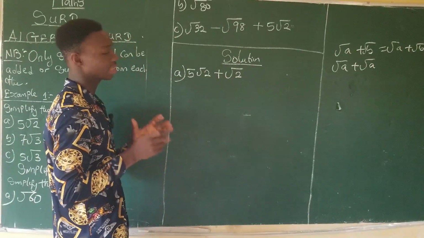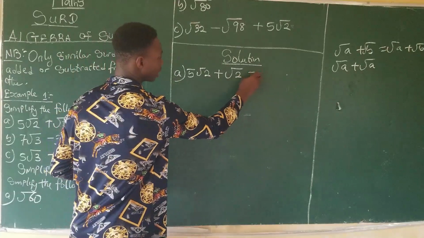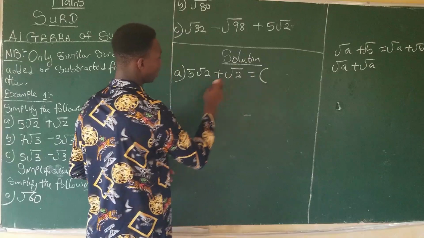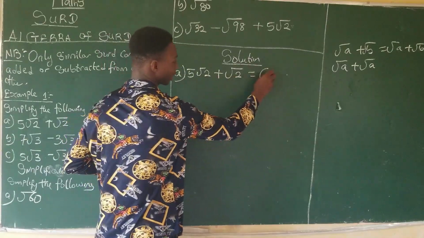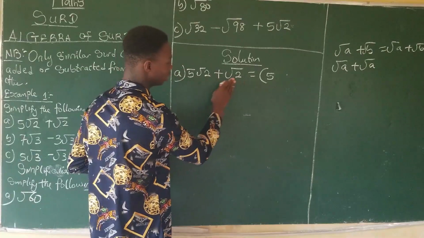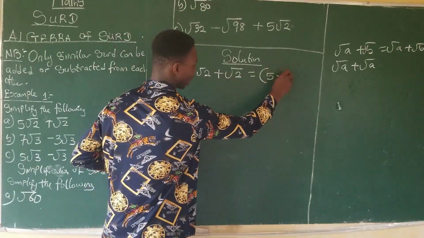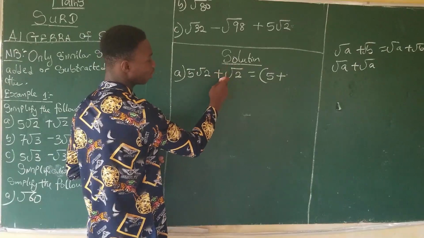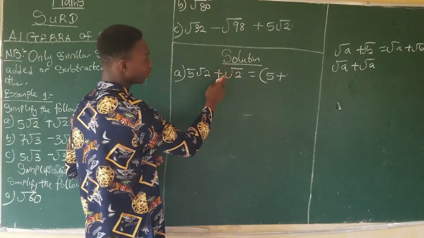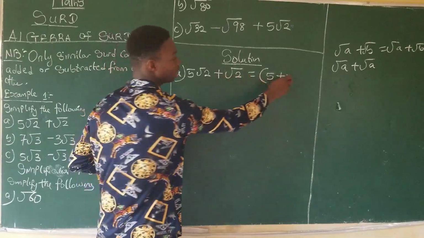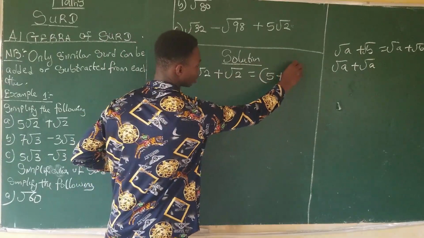The first thing that is advisable is, after the equals sign, open a bracket. We have 5 on this side, write it out. The sign that separates this from this is an addition sign, bring it out. And pick out the number before this root. It is true that in this question there is no number here, but it is known to be an invisible 1, so we bring it out as 1.